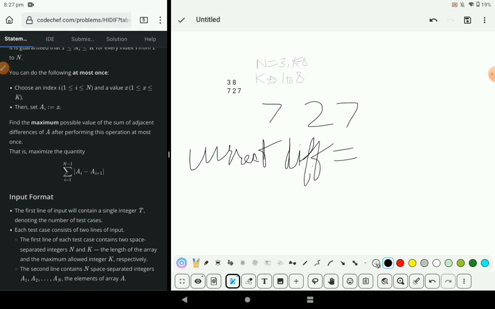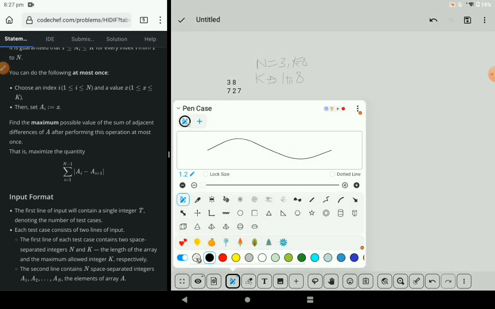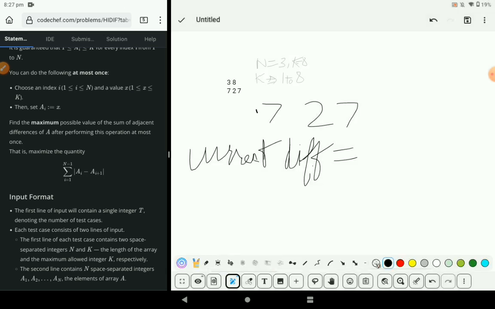Our current difference will be 7 minus 2, which is 5, and 2 minus 7, which is 5, so it will be 10. So this is our current difference. Now we will take one difference.